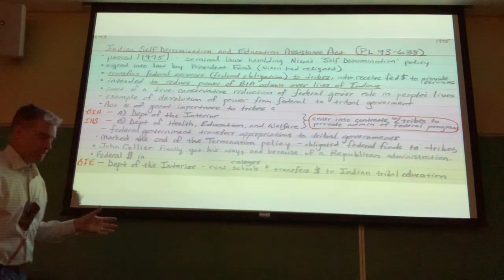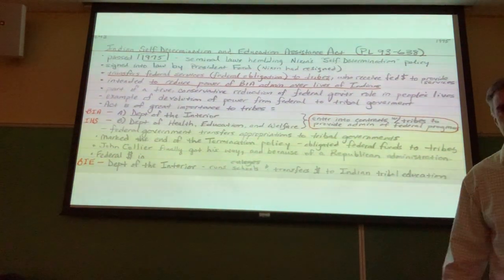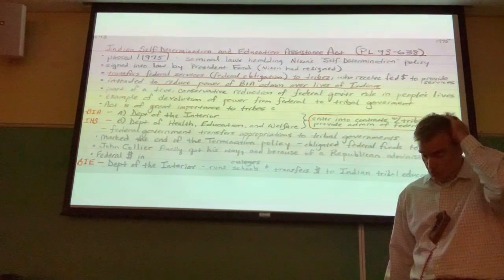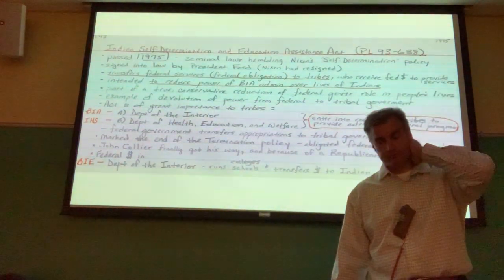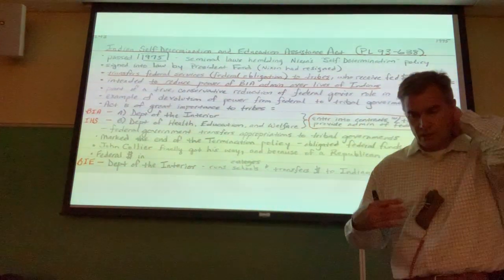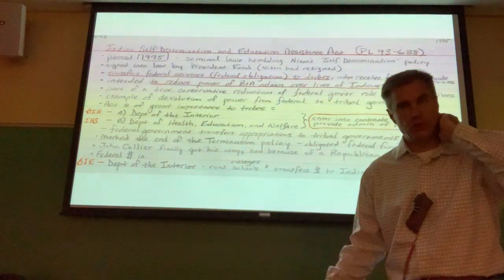In other words, this is a real Republican thing because it saves money. It's a way of getting rid of the middleman when it comes to Indian treaty obligations and Indian Health Service, that sort of thing.